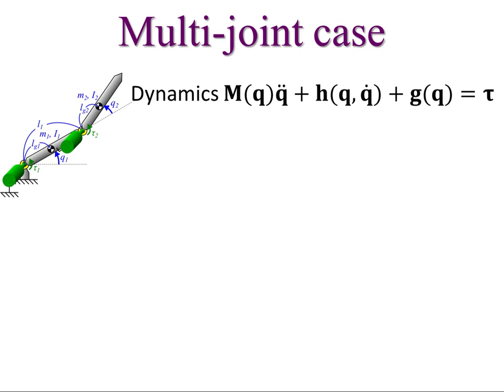M is the inertia matrix of the robot. Q is the vector that represents the joint angle of the robot, H is the centrifugal Coriolis term, G is the gravity term, and tau is the vector of the torque exerted by the actuator attached to the joint.